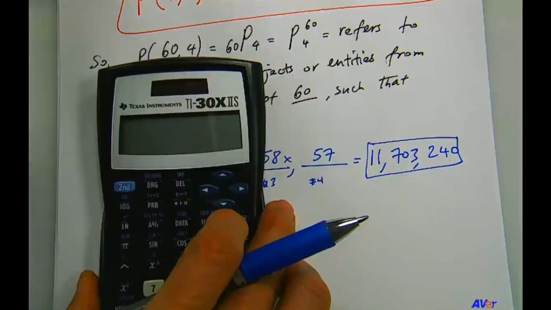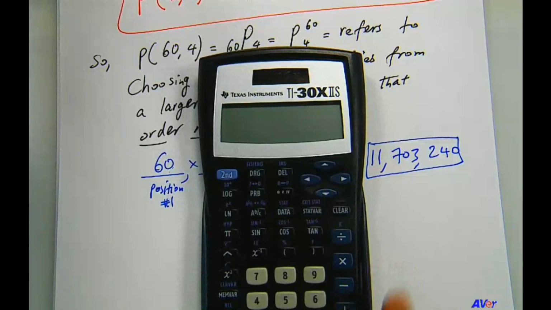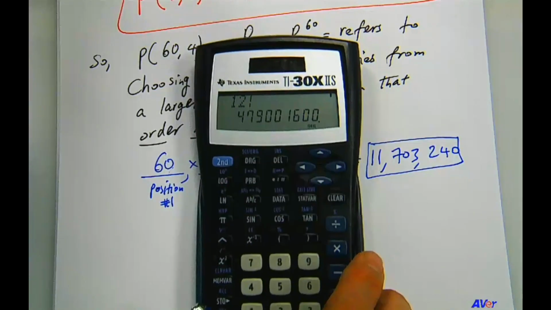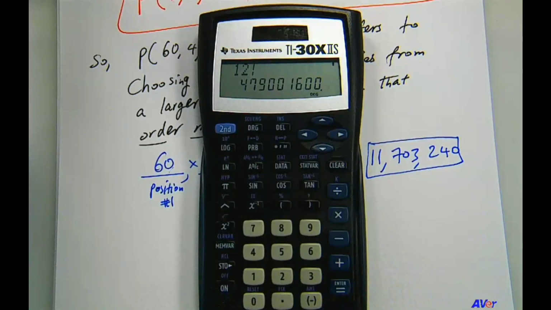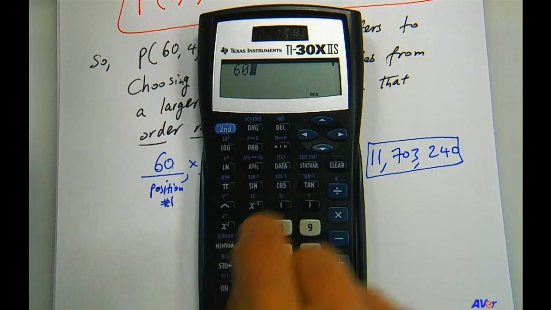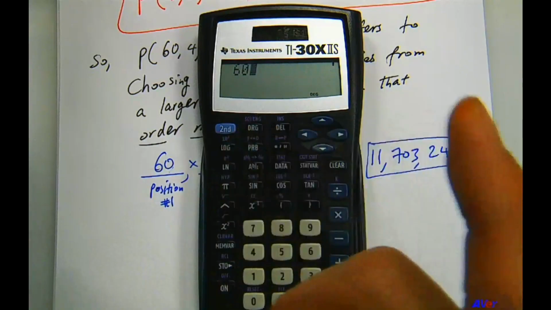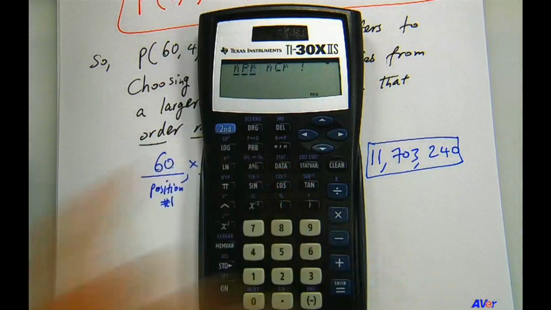Okay, how would you do this on a calculator? Depending on what calculator you're using. So we're doing 60 permutation 4. On this calculator, I'm going to enter 60. Then I need the permutation function to activate, right? So I'm going to press the PRB button right there.